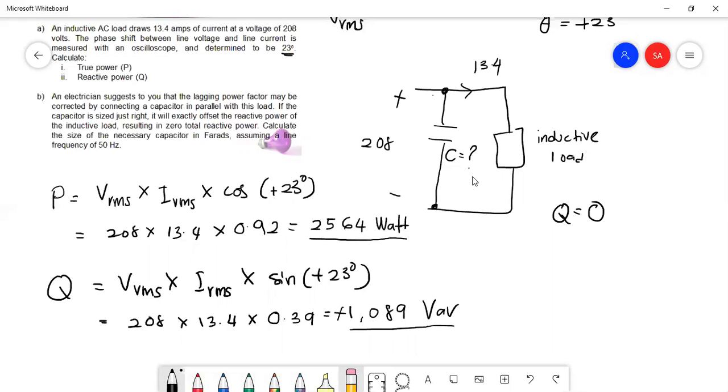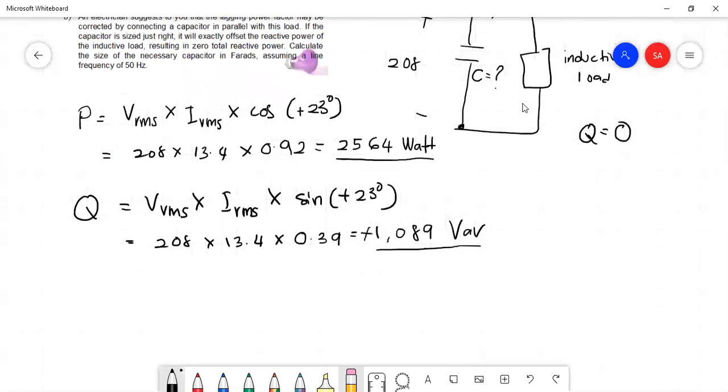This is positive, because an inductive load always gives positive Q. So a capacitor is connected to offset the reactive power generated by the inductive load, meaning that the QC, the reactive power generated by the capacitor, must equal that generated by the inductor, which is 1089 var.